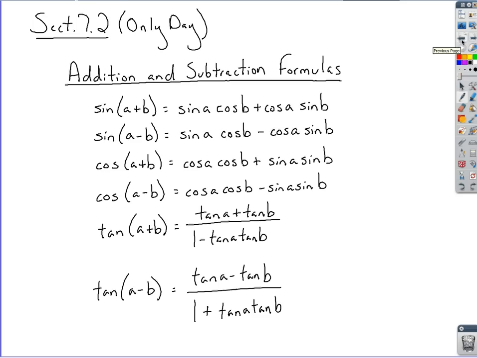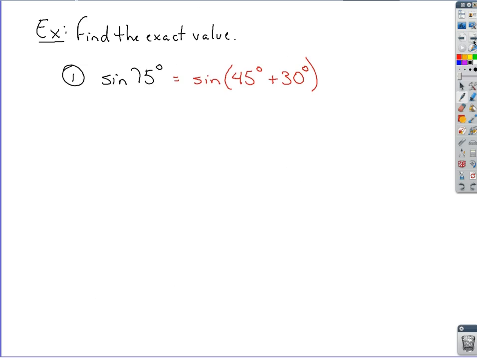So if I take the sine of a plus b here, apparently that expands out to all this stuff. I come back over here, I could let a be 45, I could let b be 30, and since this is addition, it doesn't matter. A could be 30, b could be 45. But expanding that out using the formula states take the sine of a, so the sine of 45 degrees.